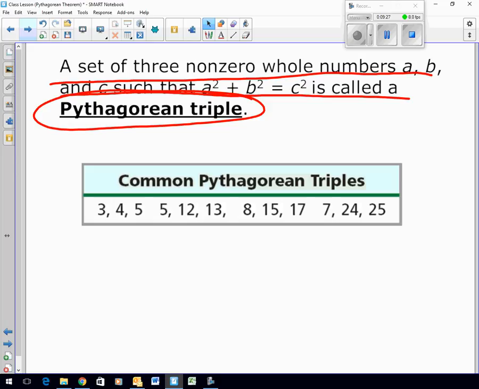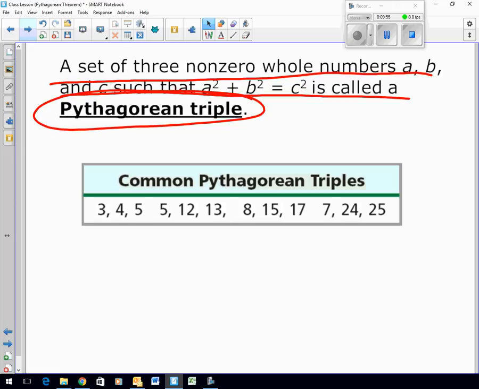Alright? Notice that it says whole numbers. When we talk about whole numbers, it also says non-zero. So let's talk about this real quick. Non-zero whole numbers are going to be numbers that, what? Like you count with, correct? Like 1, 2, 3, 4, 5, 6, 7, 8, 9, 10, 11, 12, all the way as high as we can get to, okay?